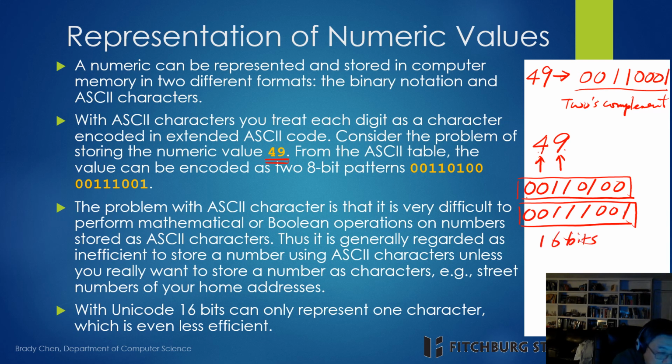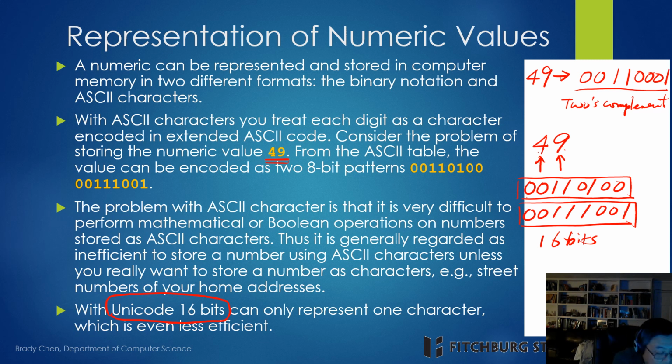to represent 49. Now if we want to use Unicode, which typically uses 16 bits for each character, if we treat 4 as a Unicode character, we need 16 bits to represent 4, and 16 bits to represent 9.